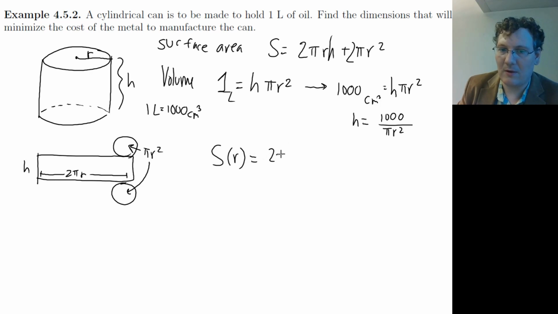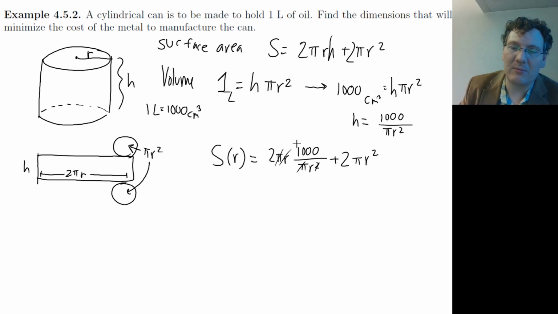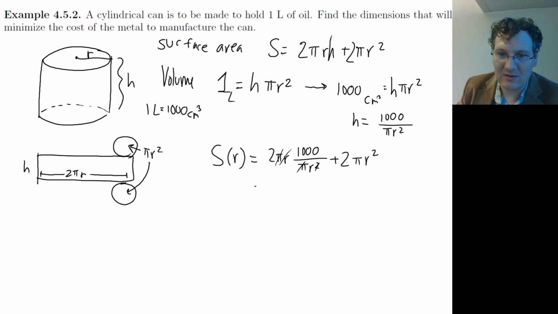It's 2 pi r times 1,000 over pi r squared plus 2 pi r squared. You can see that the pi's will cancel here, and there's an r down below which will cancel with that. So we have 2 times 1,000, that's 2,000 over r plus 2 pi r squared.